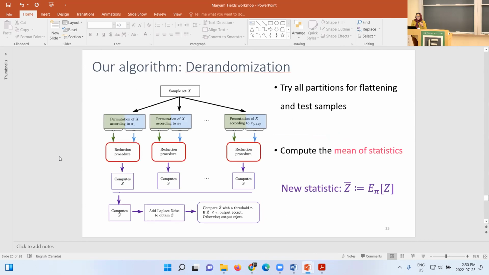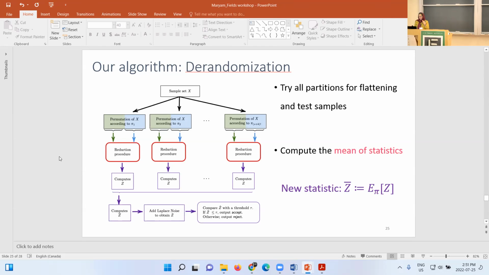So our approach is that instead of using a fixed permutation of the samples, we try all permutations of the samples and use the first part for flattening and the second part for testing, compute the statistic for each of these permutations, and take an average over the results. This average would be our new statistic, which helps us determine if P prime and Q prime are equal or not.